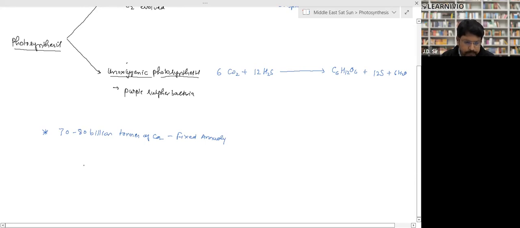It produces over 170 billion tons of dry organic matter.